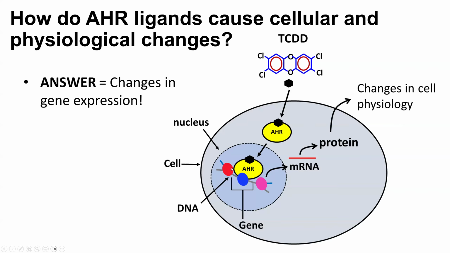So it travels into the nucleus, it binds to its regulatory elements, it induces changes in mRNA, which will then induce protein changes. And again, at the time we did this study, we knew that dioxin increased cancer risk, and we understood that this is important for veterans and other folks, but we didn't understand the mechanism. So this was a first approach at getting at the mechanism of action.